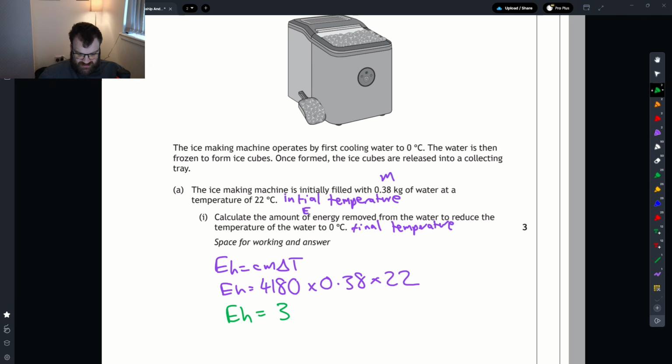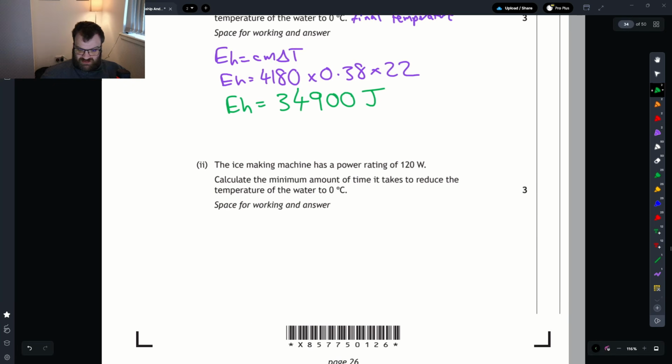And that gives us 34,900. I need to do a bit of rounding. Let's just go for 9. So 34,900 joules, which would have been 34.9 kilojoules.